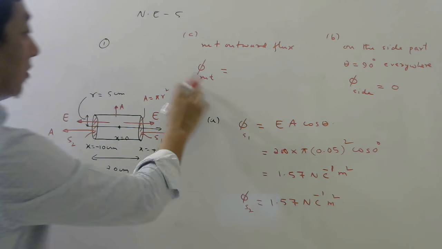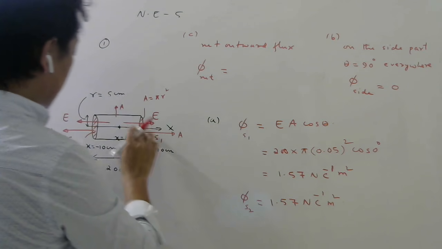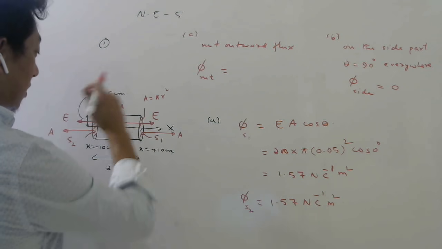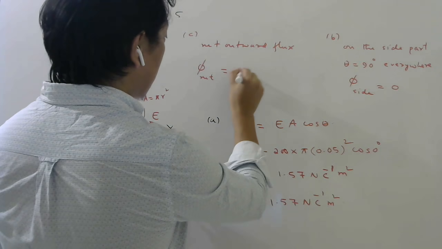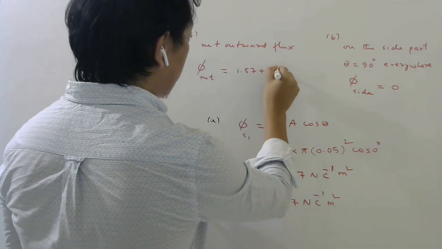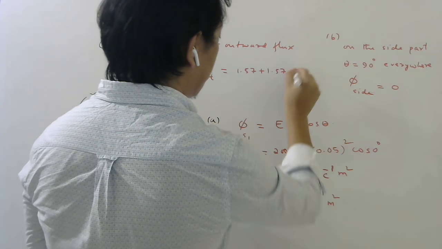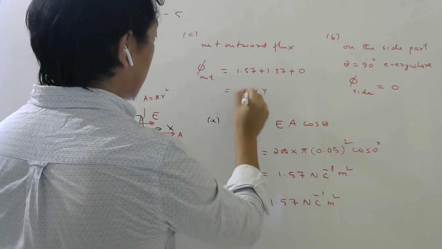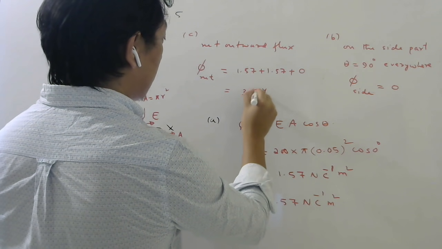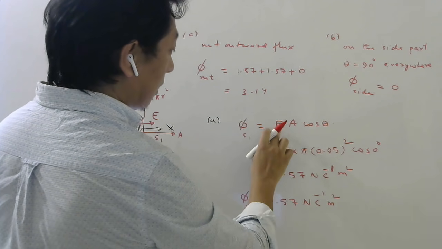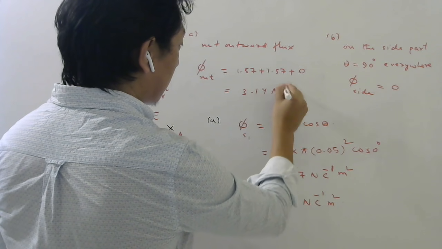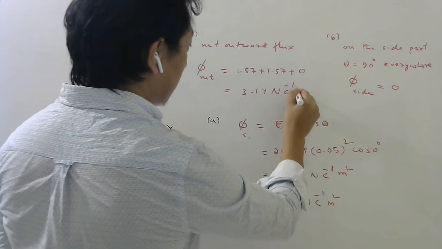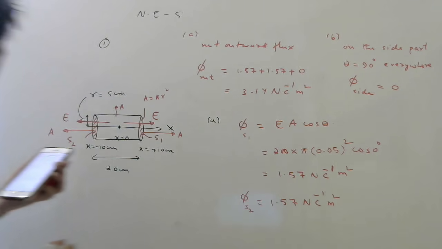So this is the net flux. That will be the flux through this plus the flux through this plus the flux through this, right? So it will be 1.57 plus 1.57 plus 0, so it will be 3.14. The unit will be Newton per Coulomb, electric field is Newton per Coulomb, area is meter square. Right? Okay.